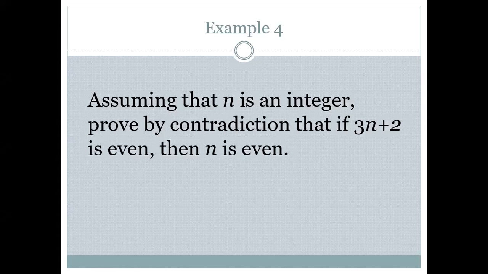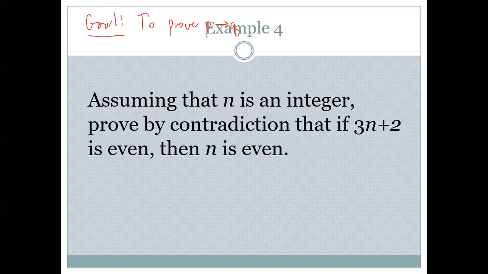Remember, when we do these proofs, the goal is to prove P implies Q, right? You want to prove that Q follows from P every single time, yeah?